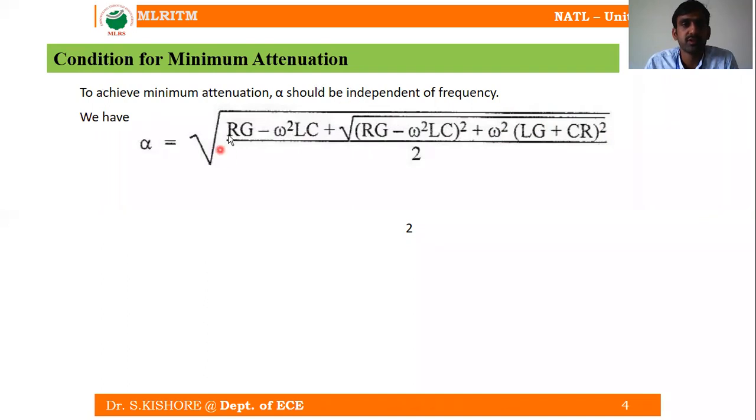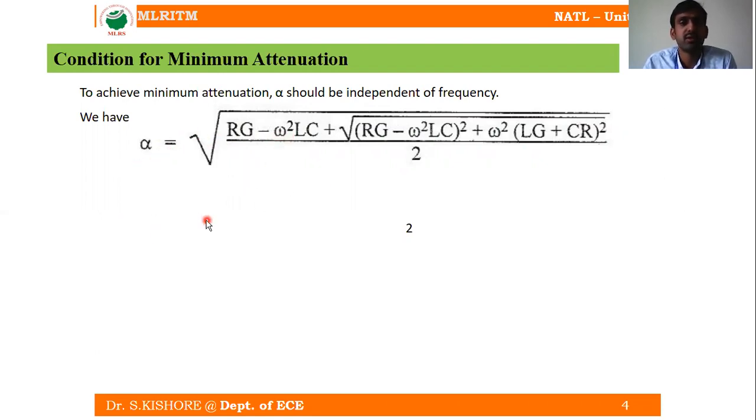So this is the value for alpha. If it is beta, it is going to be minus Rg plus omega square Lc.